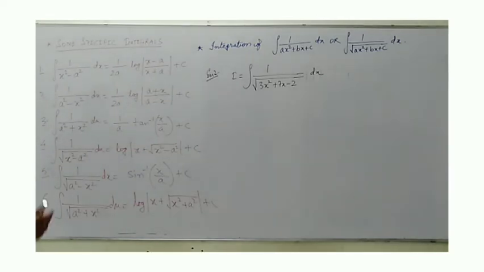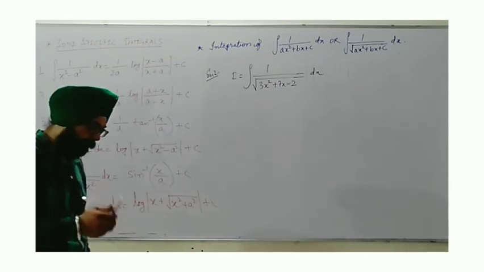Here we have taken randomly one equation, but the quadratic polynomial in the denominator is given with a square root. Same pattern we will apply.